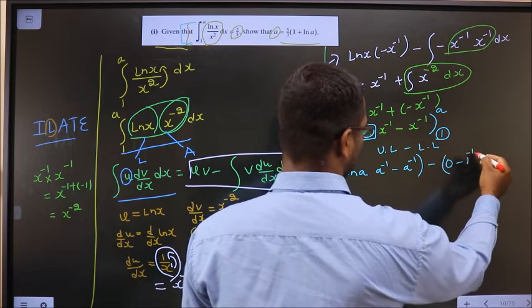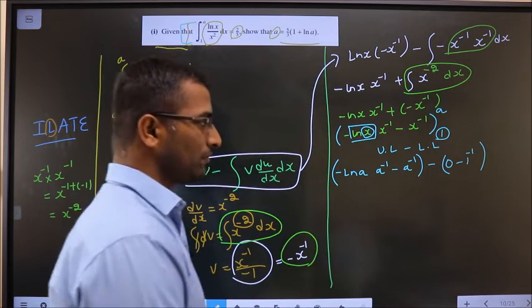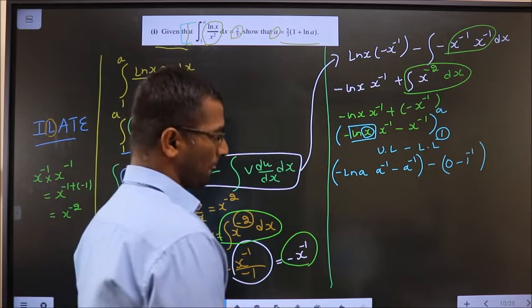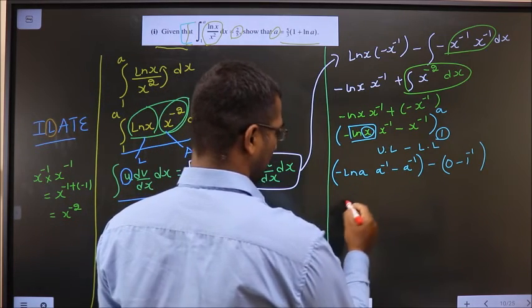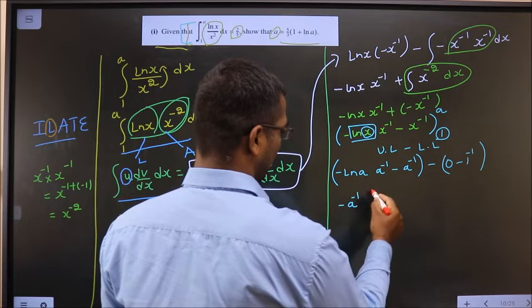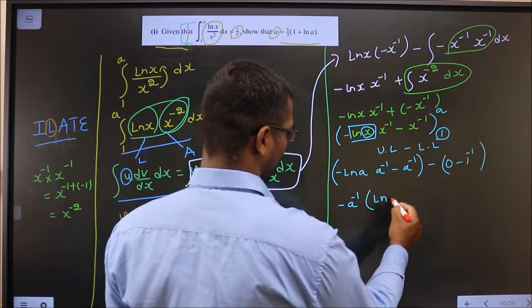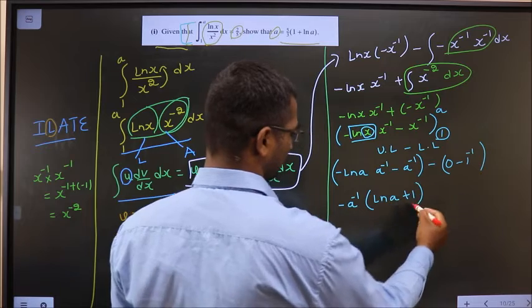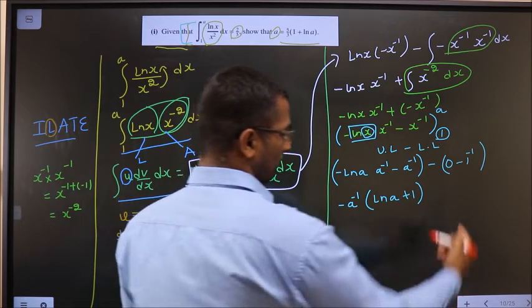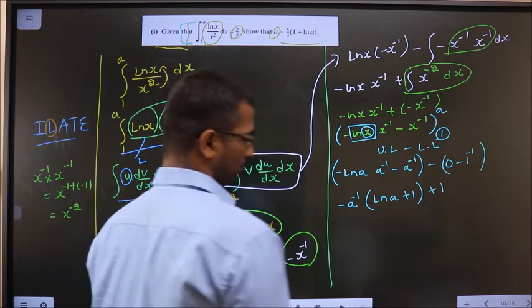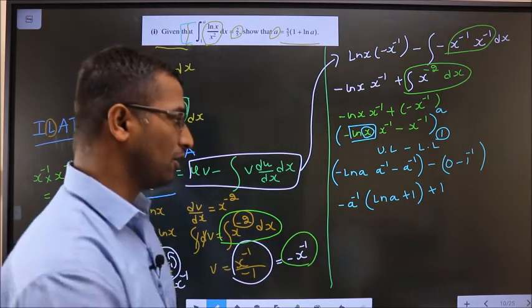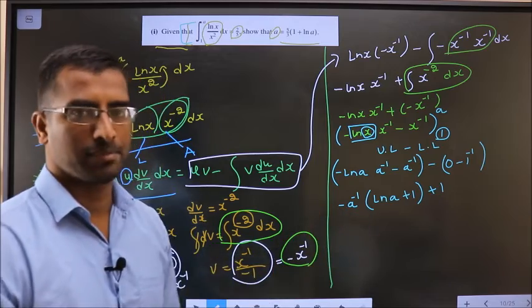Minus 1 power minus 1. Next, I will take minus a power minus 1 common in this, so here left with ln a plus 1. 1 power anything is 1, so minus of minus, plus 1 I get. So this is the result I got after taking the limits.